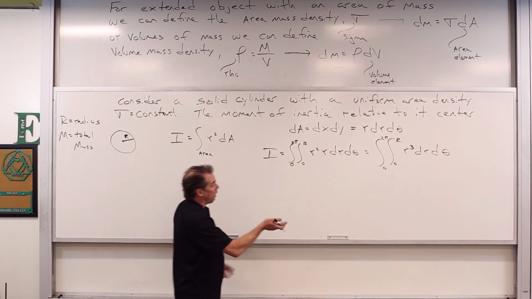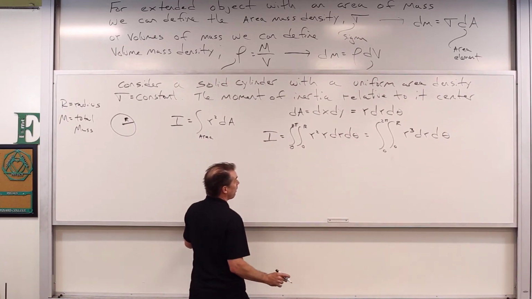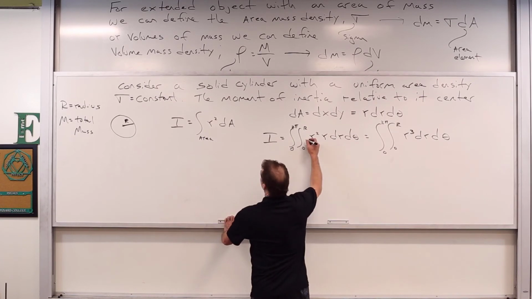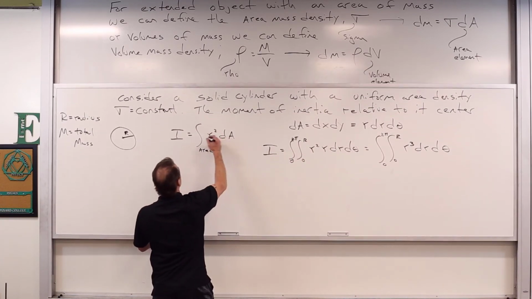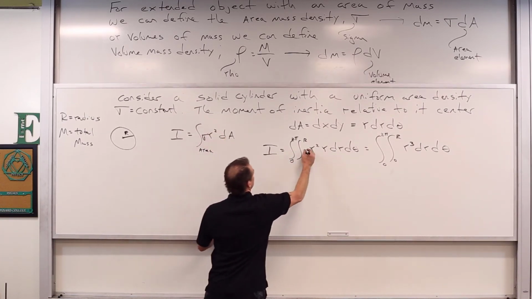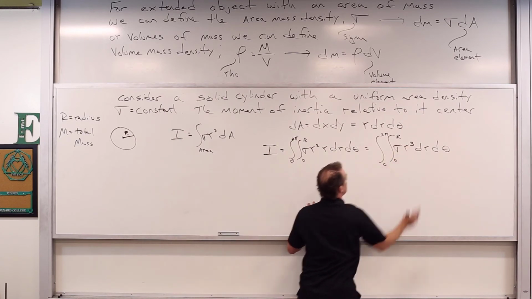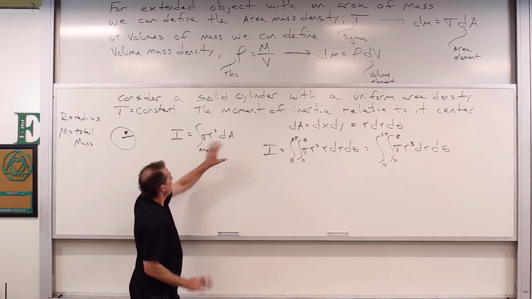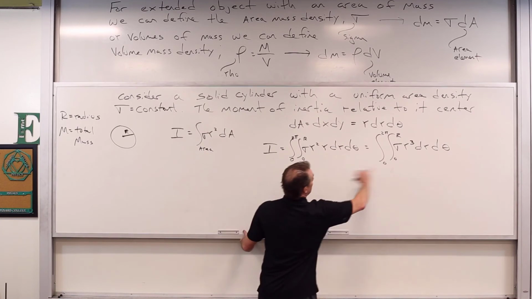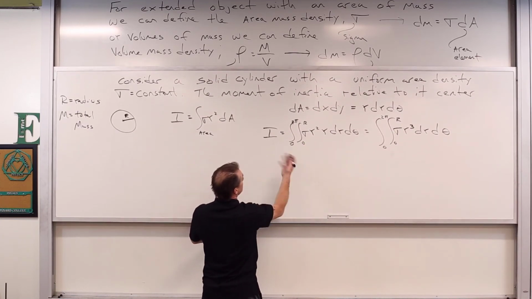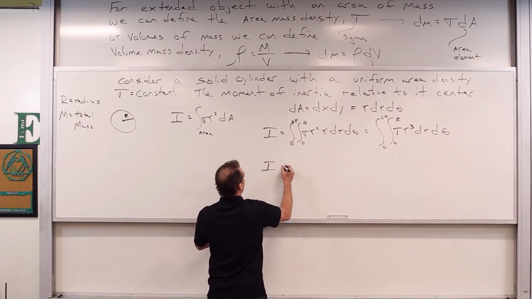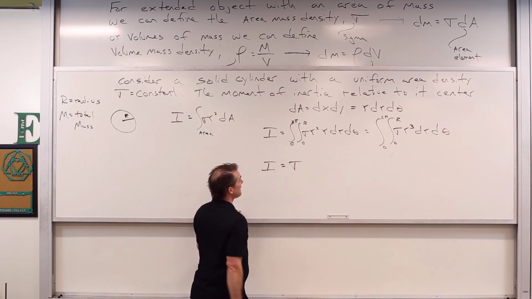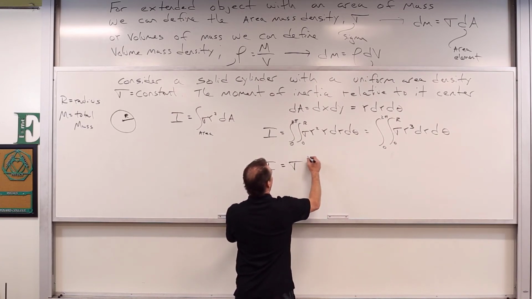Well, we can do the r first, right? I forgot to throw sigma in here, sorry, I'm getting ahead of myself. Sigma dA for the dm, sorry. And the sigma is just a constant. So we can write this as sigma, and we've got r to the 4th over 4.